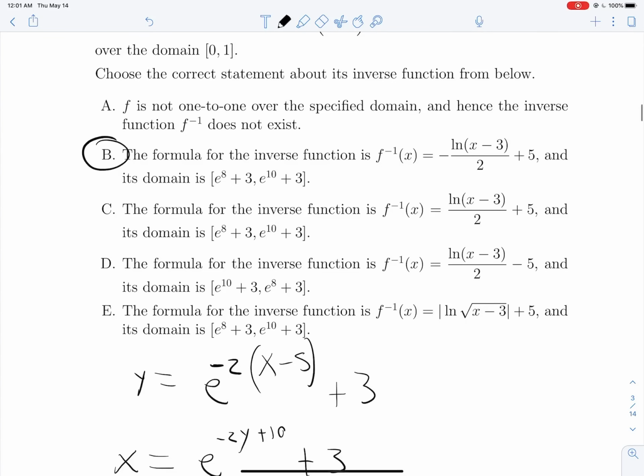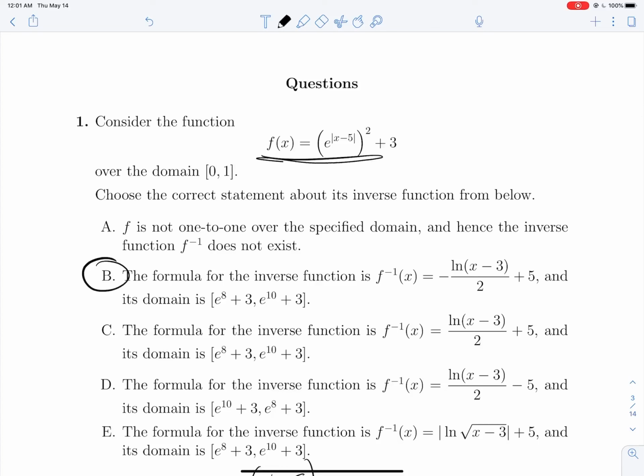What is its domain? Well, the domain of our inverse function is equal to the range of this function right here. And the range of that function is just going to be the set, just like this domain, that we get by plugging in these extreme values, so 0 and 1, to this guy.